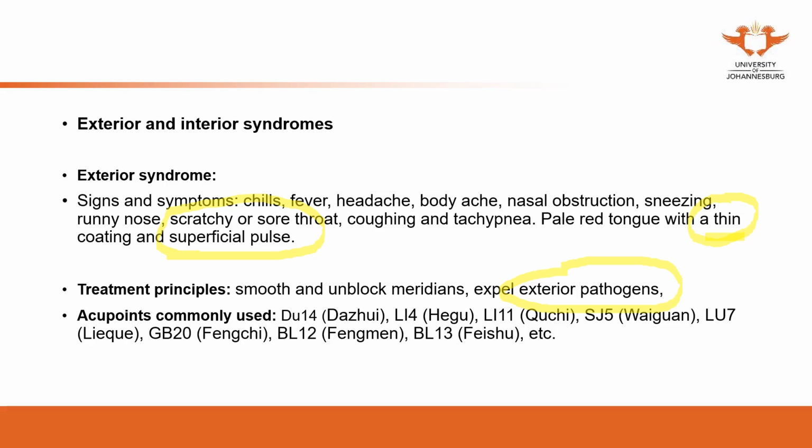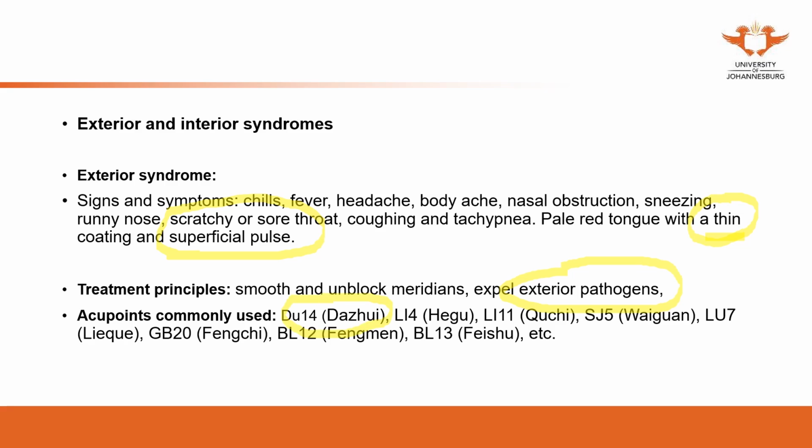But just in general, no matter what kinds of pathogens, we can choose from the following points, such as Du14, Large Intestine 4, Large Intestine 11, Sanjiao 5, Lung 7, GB20, Bladder 12, Bladder 13, etc. Du14 we have mentioned quite a few times.